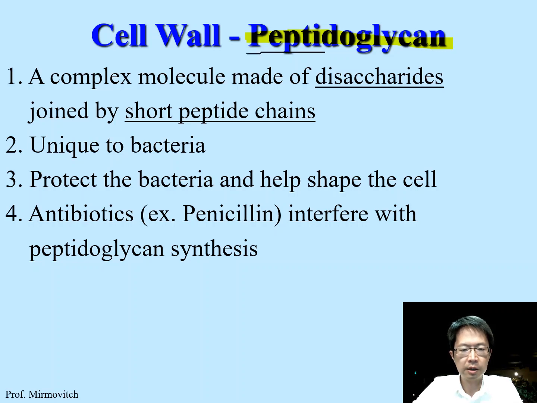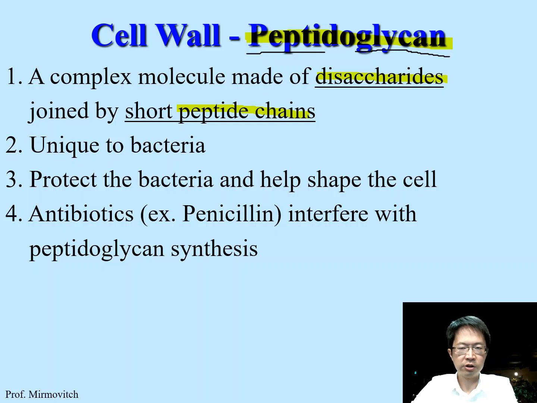Peptide means peptide chain. I hope you remember, a peptide chain is a chain of amino acids joined together. And then glycan. What is glycan? Glycan, from the word, means sugar. So it is a disaccharide. In other words, it is basically a short polypeptide chain connected to sugar, a disaccharide.